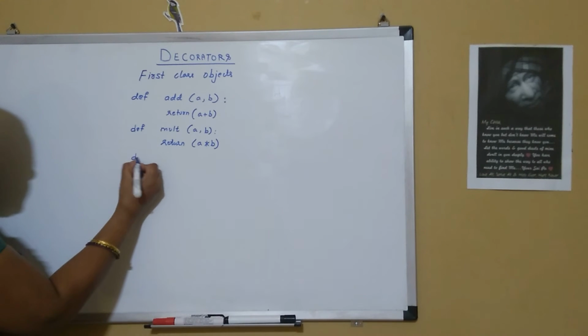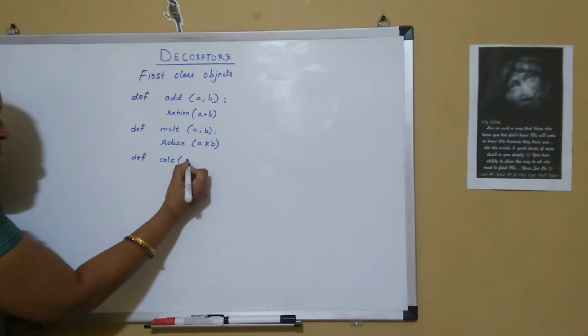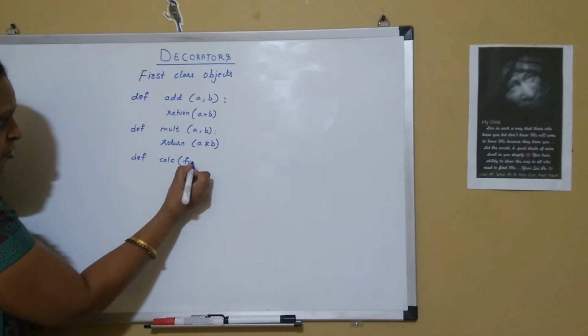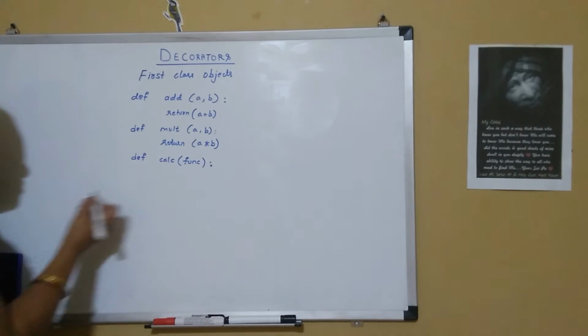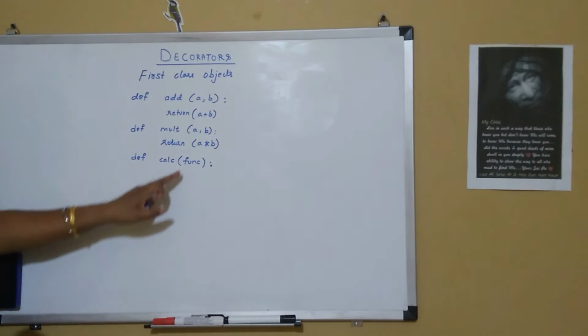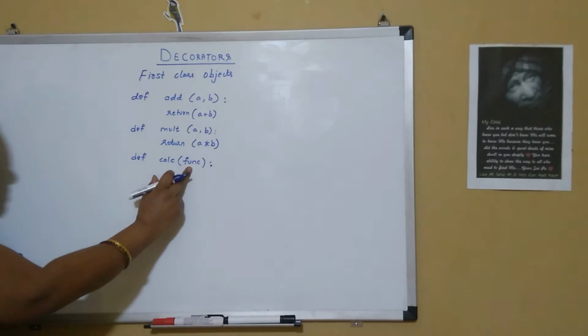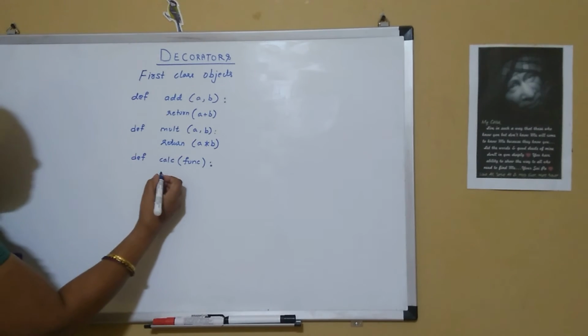Now let's take another function called calc, which takes a function as an argument. Here we are passing a and b as parameters to add and mul, but here we are passing a function as a parameter.